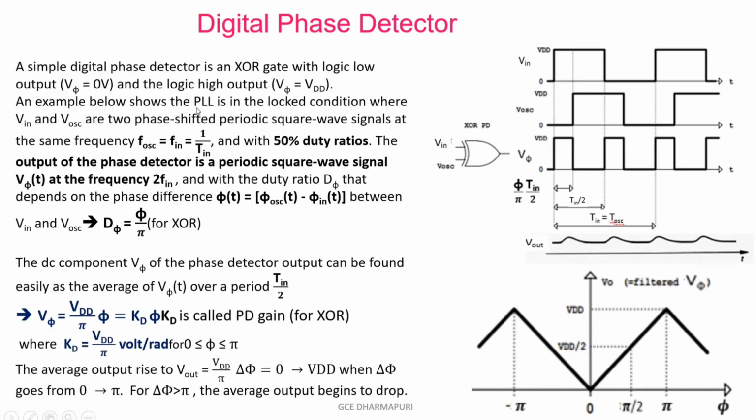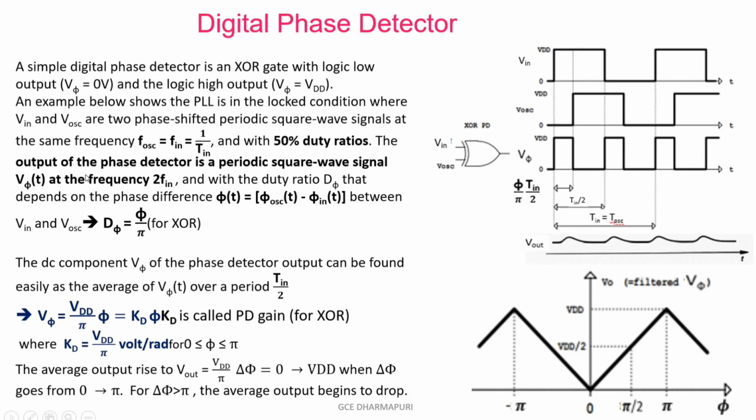So the PLL is in lock condition where Vin and VOC are two phase shifted periodic square wave signals at the same frequency, FOC is equal to Fin, that is equal to 1 divided by T, and with 50% duty ratio.